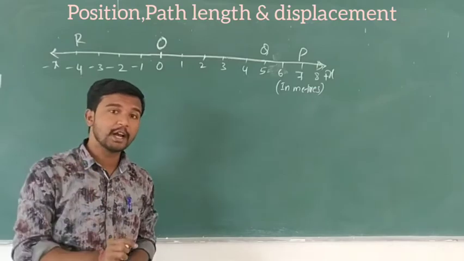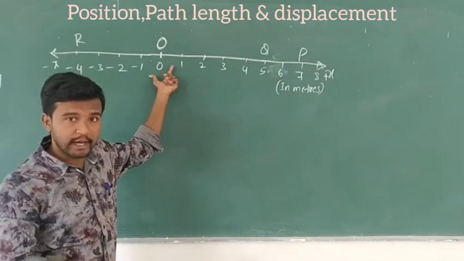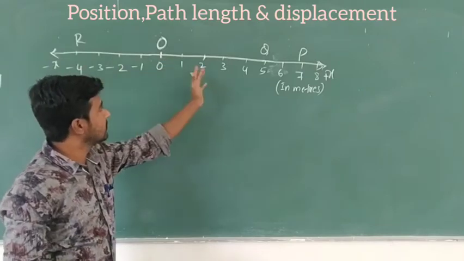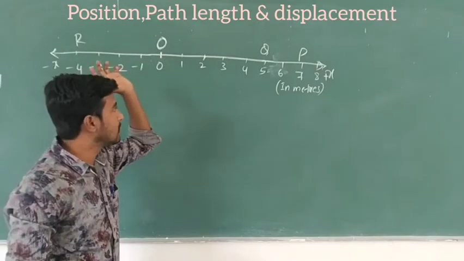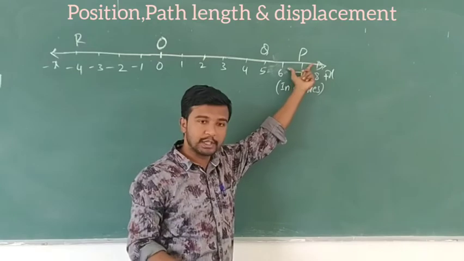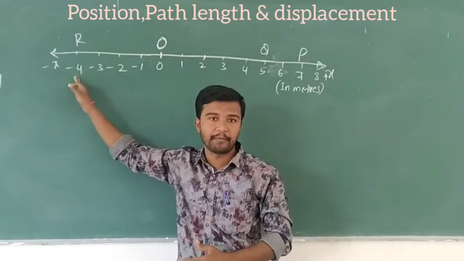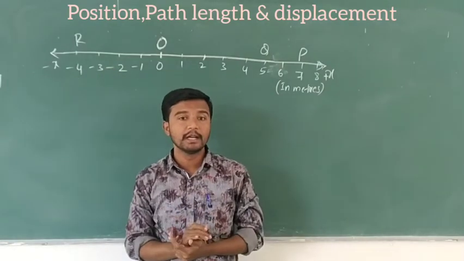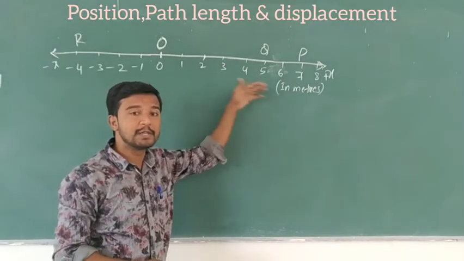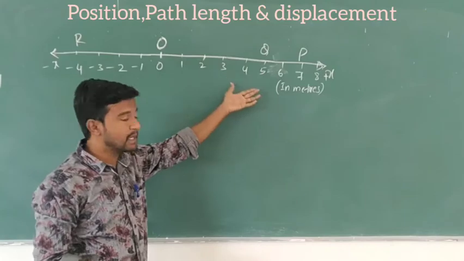Now the position of the object is considered with reference to the origin O. Here are the positions of object Q and object P, and other objects positioned respectively. From the origin O, the right side is taken as positive values, meaning the plus x-axis.